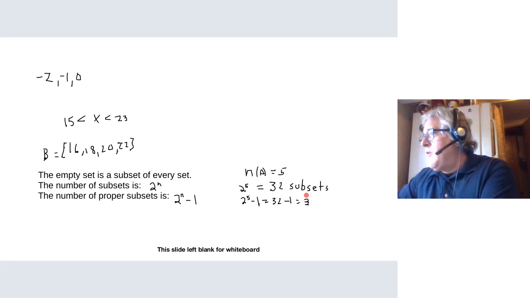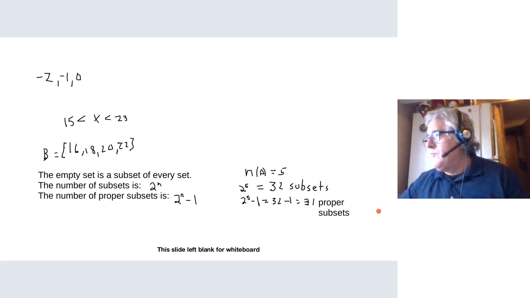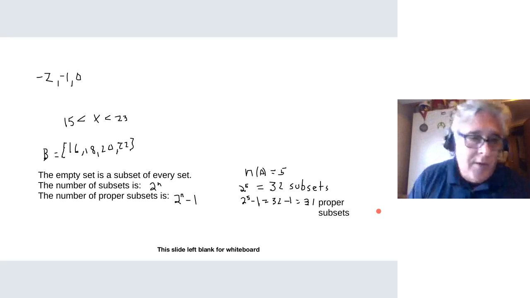So 31 proper subsets. All right, any questions about that?